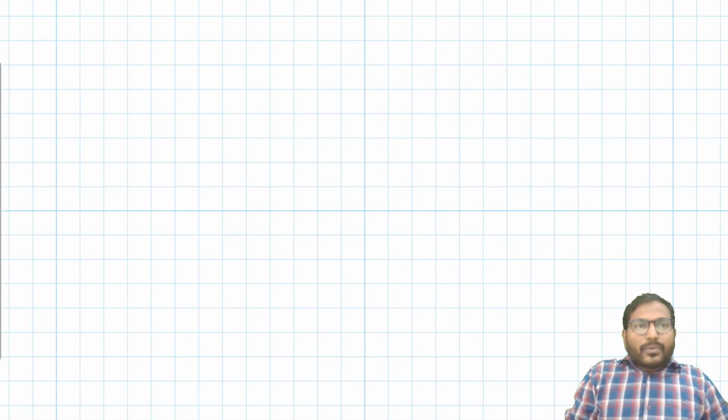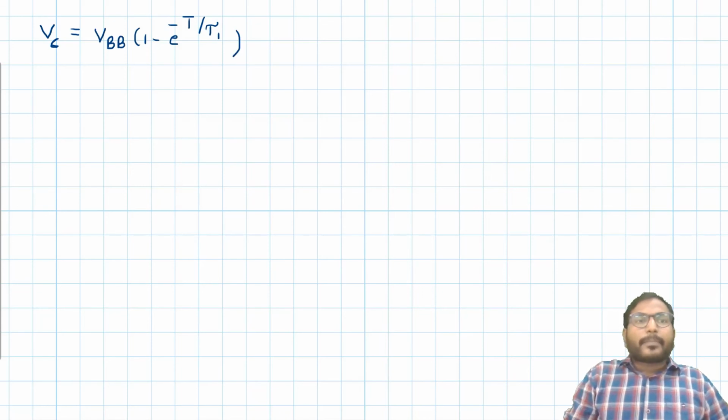While the capacitor is charging, from circuit analysis we know that the charging voltage is the supply voltage VBB times (1 minus e power minus t by τ1), where τ1 is equal to RC, R being the resistance in the charging path. This is the first point. The second point: when VC is equal to VP, at this point the UJT starts its conduction.